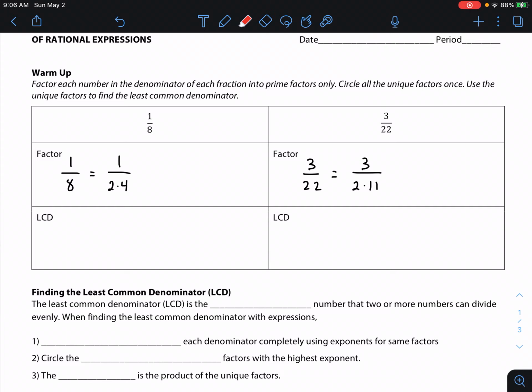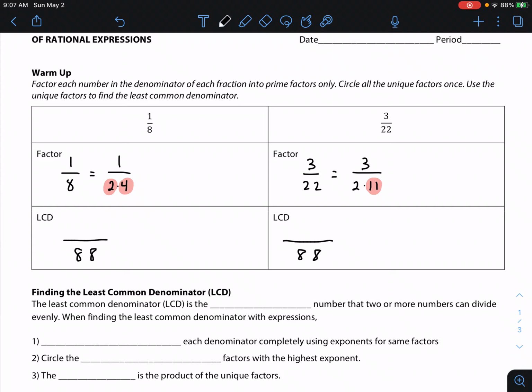So what I mean by that is, if I highlight this 2 here, I'm not going to highlight the 2 over in the other one, but I am going to highlight this 4, and I'm going to highlight the 11. All right, so then the least common denominator for these two fractions is going to be those 3 things multiplied together. So 2 times 4 is 8, times 11 is 88. So we're going to have a least common denominator of 88.